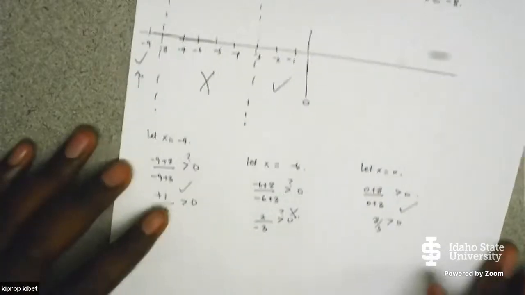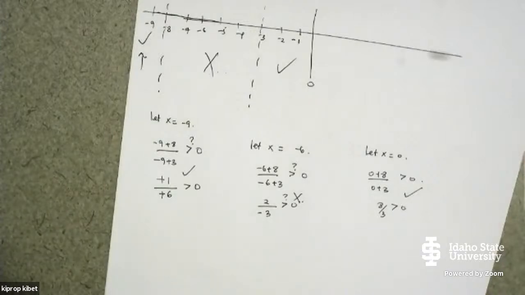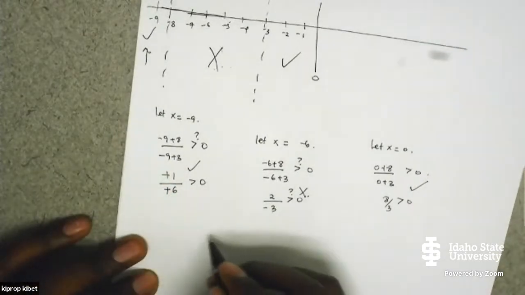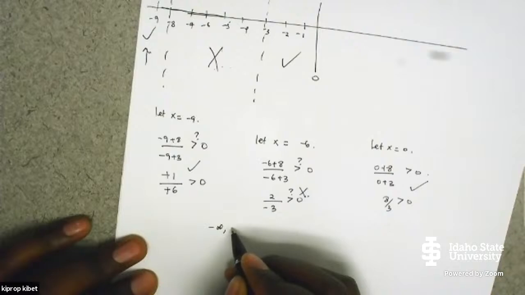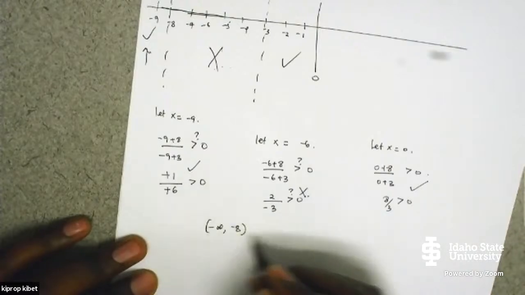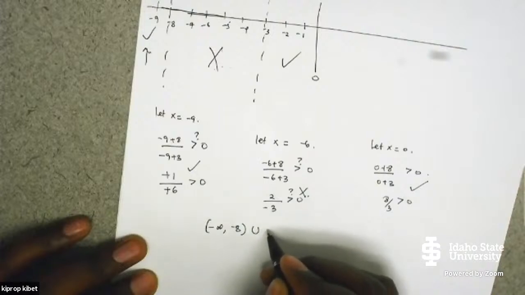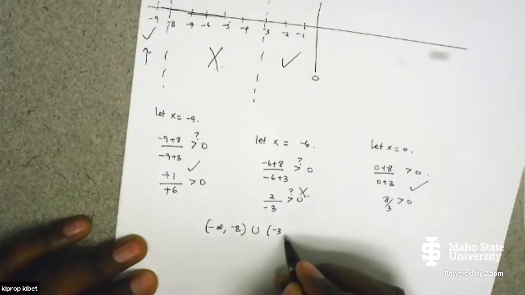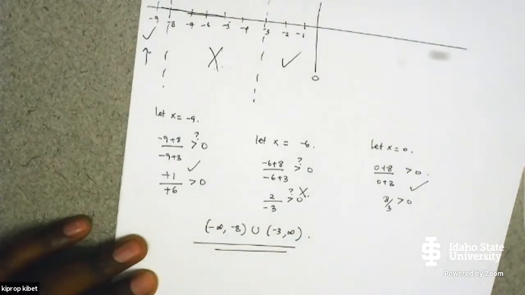So therefore, what is our interval notation? It should be -infinity to -8, are we including -8? No. Union -3 to what? Are we including -3? No. That's our interval notation.